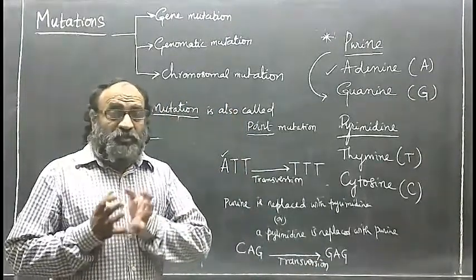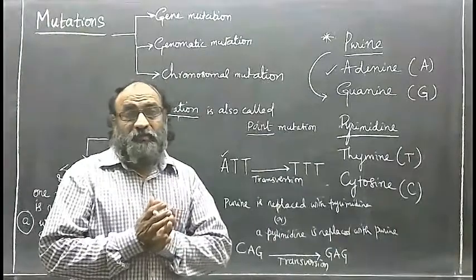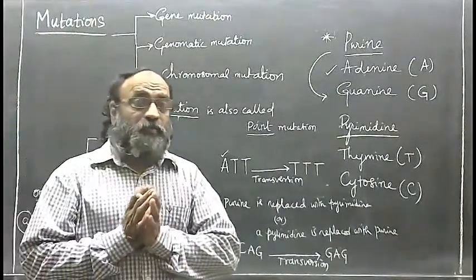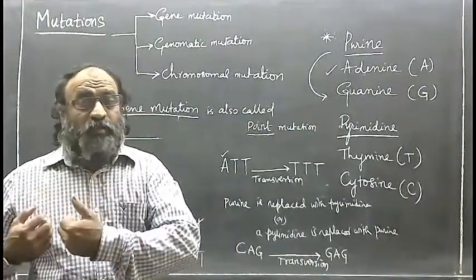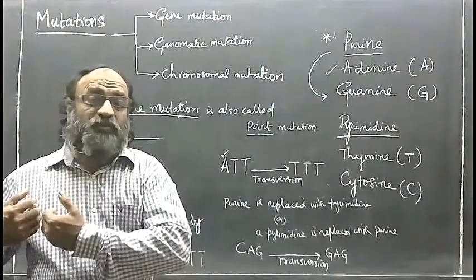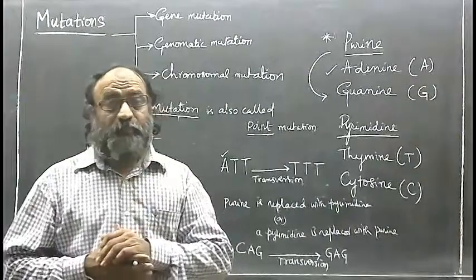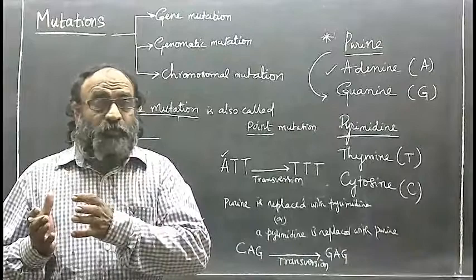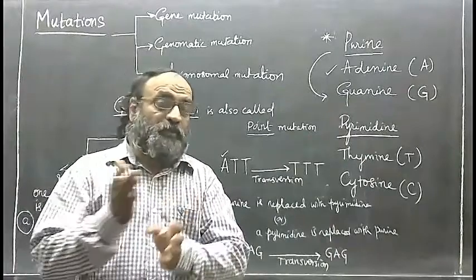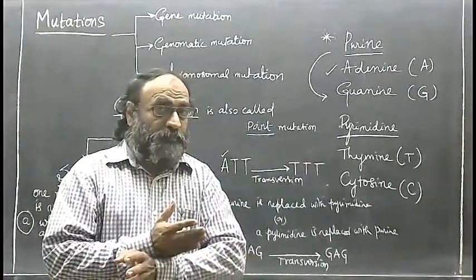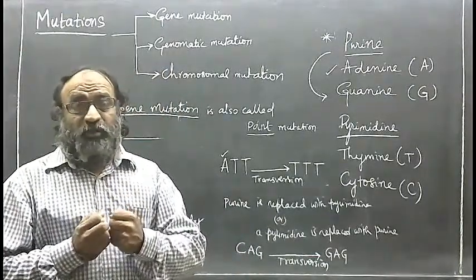So you must be thorough with the basics, which are the purine bases of DNA and which are the pyrimidine bases of DNA. Now you have to understand what type of gene mutation the given codon has undergone. Whether it is one purine replaced with another purine, or pyrimidine with another pyrimidine, then it is a case of substitution by transition.